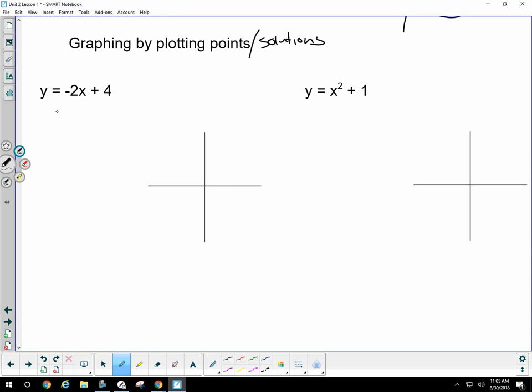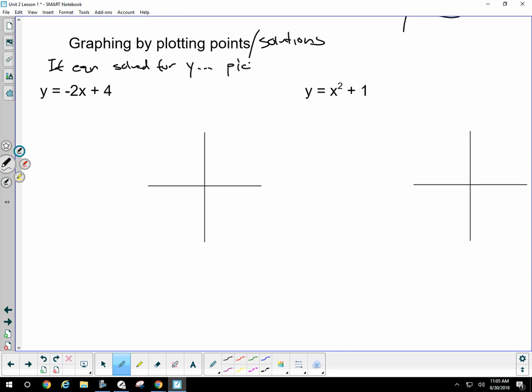Now, we want x-y pairs that work for y equals negative 2x plus 4. What's great is that if your two-variable equation is solved for y, solutions are easy.